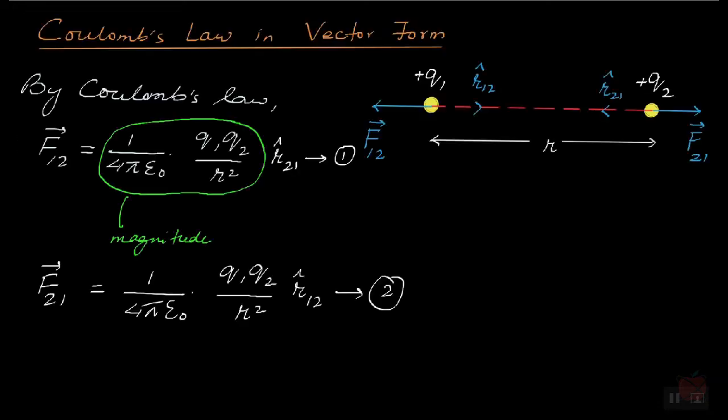Now we know that R12 cap is equal to minus of R21 cap. Yes or no? We know this very well. What does this mean? It means that the unit vectors are equal in magnitude, opposite in direction, because there's a minus sign out there. Therefore, let's take F21.